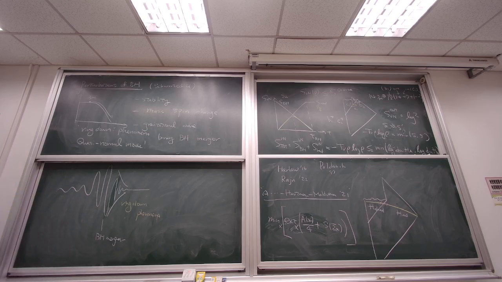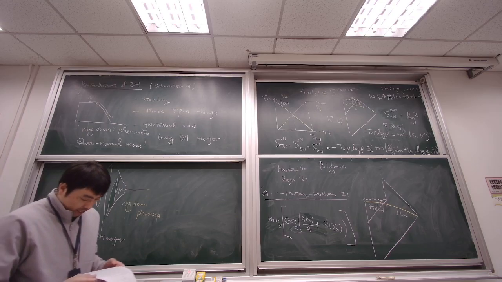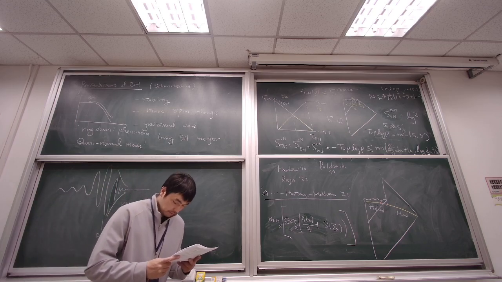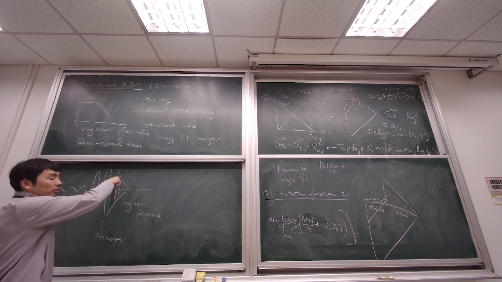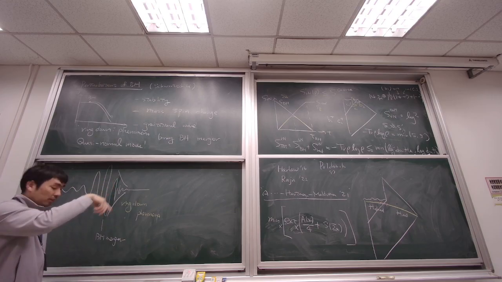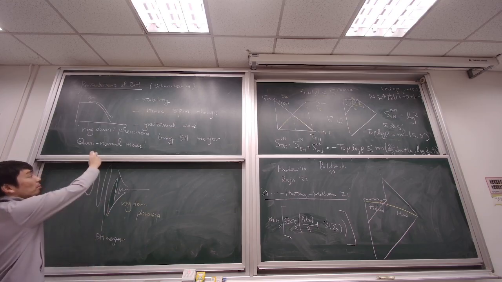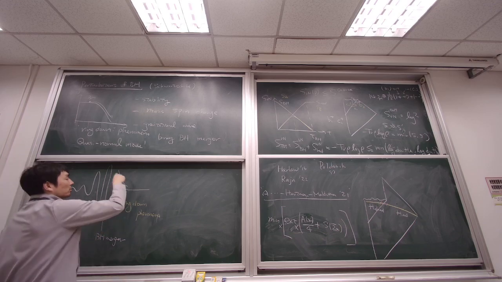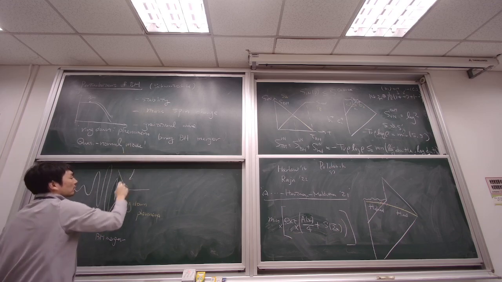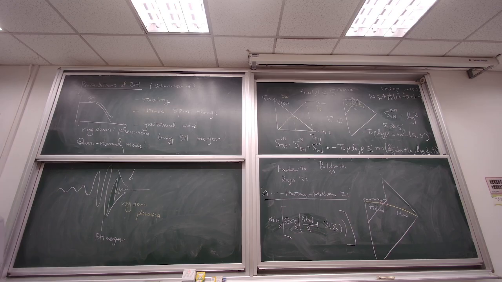It's exactly the same as hammering a bell, which creates sound and then decays. That's called the ringdown phenomenon. This oscillation has some frequency and is called the quasi-normal mode. It's quasi-normal, not normal, because it is decaying.